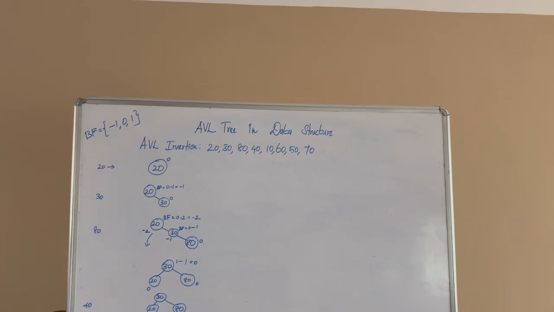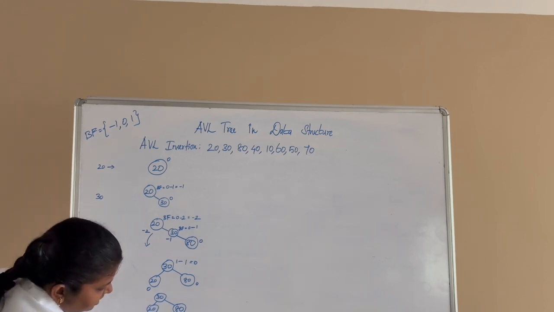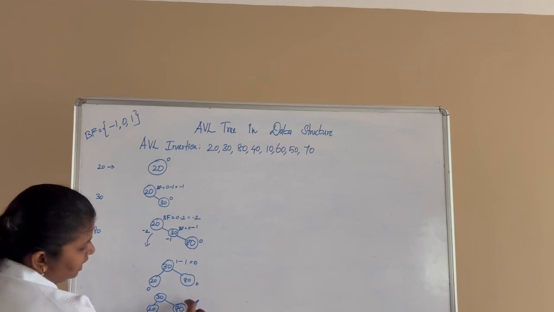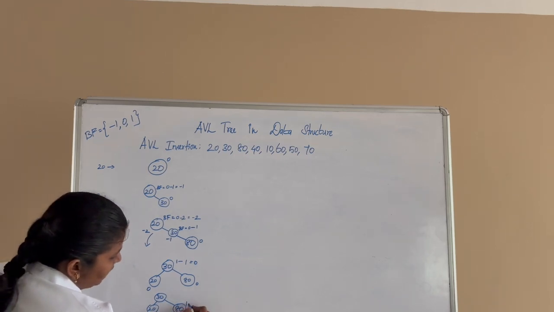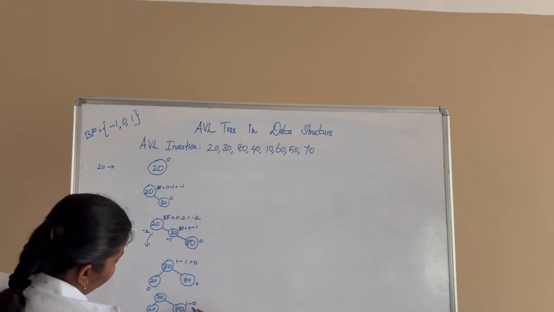Now we have to check the balance factor for each and every node. For the leaf node 40, height of the left subtree 0 minus height of the right subtree 0, so it is 0. For node 80, height of the left subtree is 1 minus height of the right subtree is 0, so here it is 1.